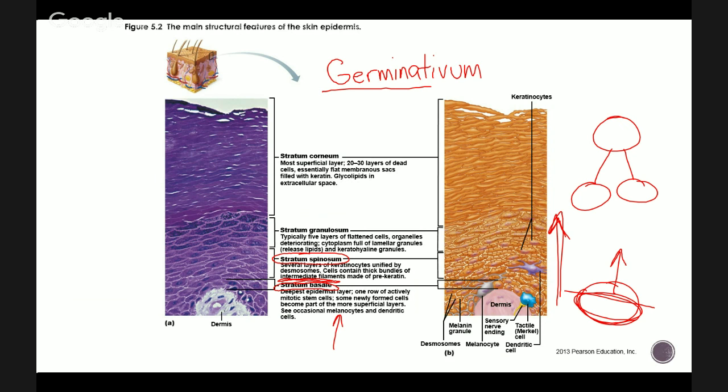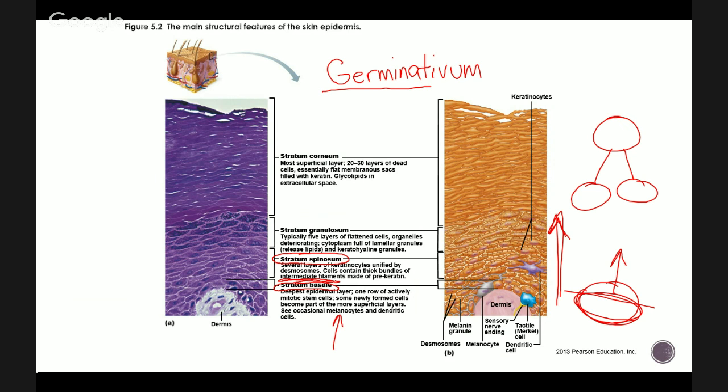These intermediate filaments kind of look like spines that are sticking out. Think of a cactus, okay? This is the spiny layer, that's why they call it the stratum spinosum. Some notes call it the prickly layer, whatever works for you. I think spiny works better. However it works for you.